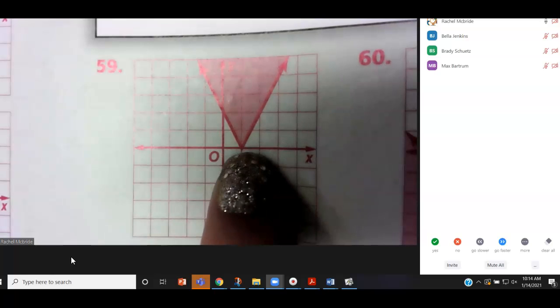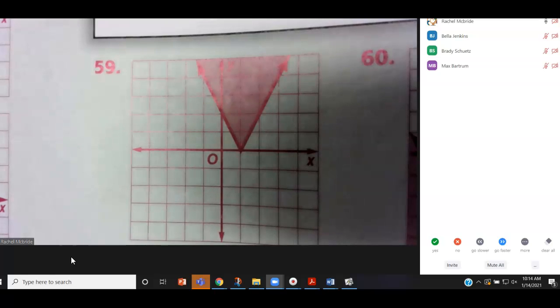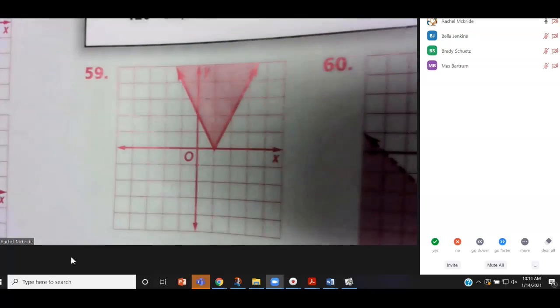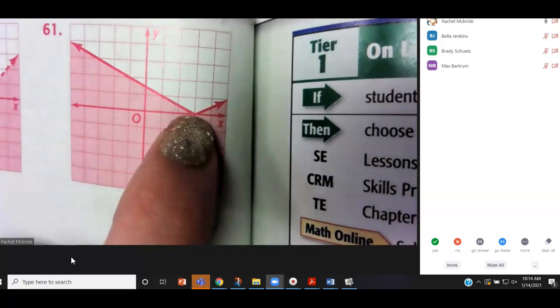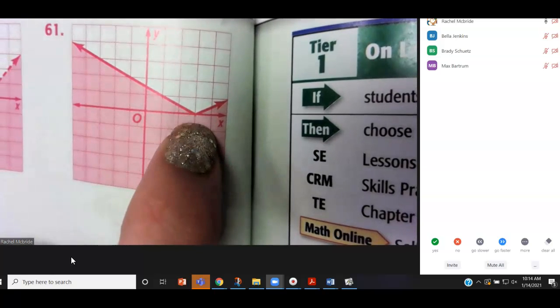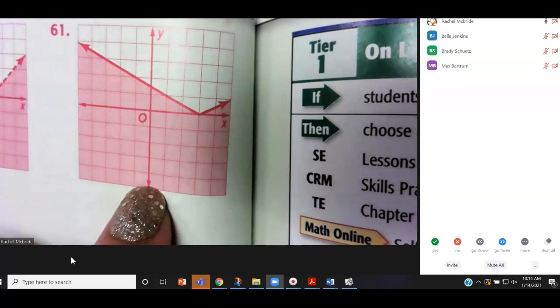So that pushes it to 1, 0, and your slope goes up 1 over 2. Okay, 61 is compressed. Your vertex was at 3, 0. It was solid and shaded below.